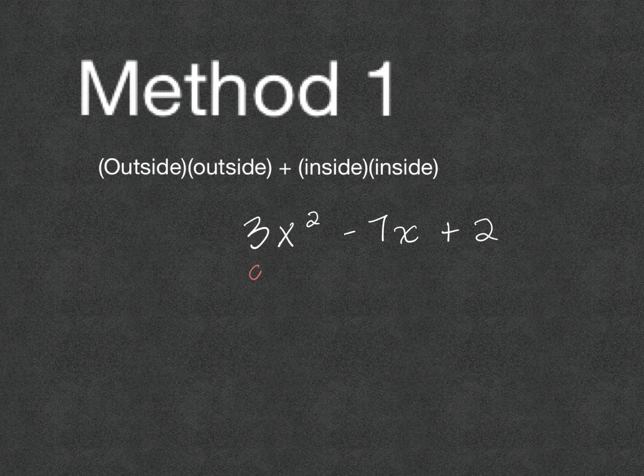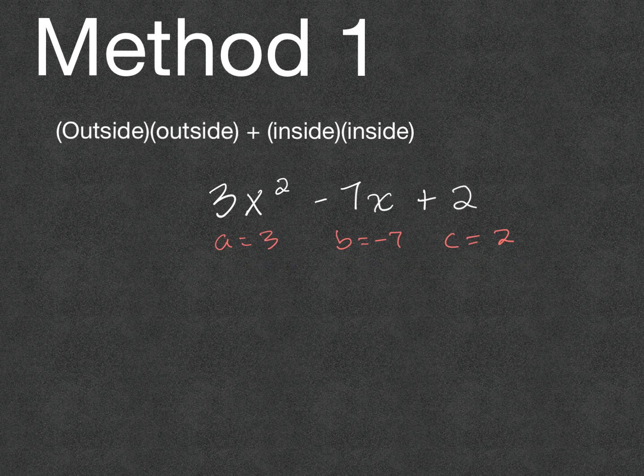I have a quadratic trinomial, and the first step is to recognize that a is equal to 3, b is equal to -7, c is equal to 2. Now, this is an easy one. But first I want to take a look at the factors of a and c. The factors of a: 1 times 3, and I'm looking at the positive factors. The factors of 2: 2 times 1.